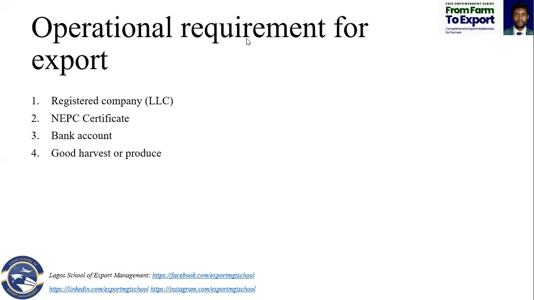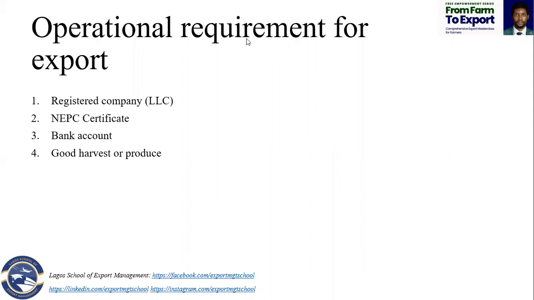The difference is that in your export proceed account, the federal government or the Central Bank of Nigeria is able to monitor what is actually coming in to you. Is able to monitor the export proceeds, because before you can export out of the country, you need what is called an NXP form.